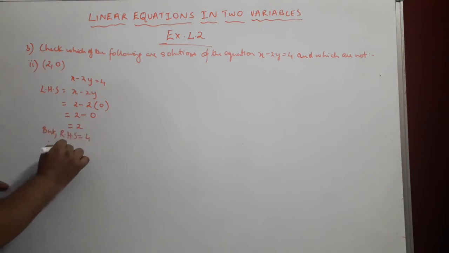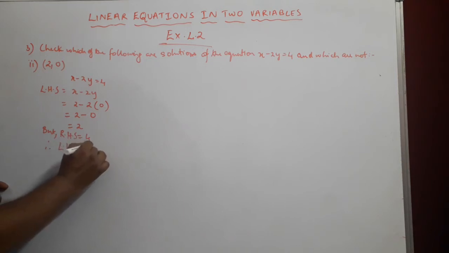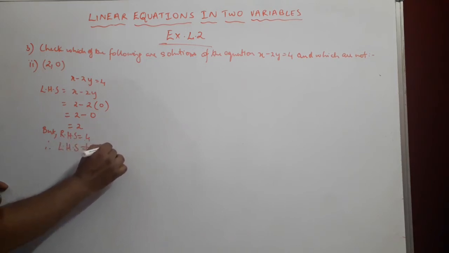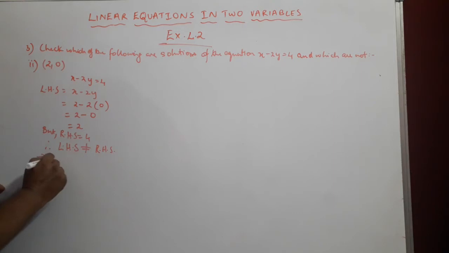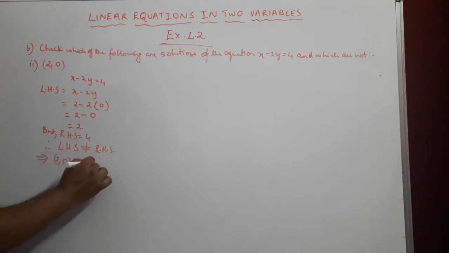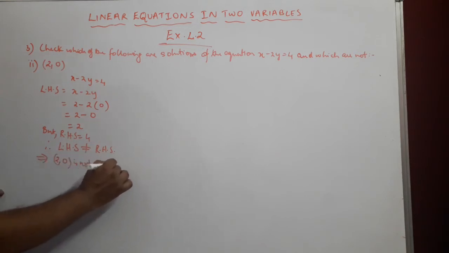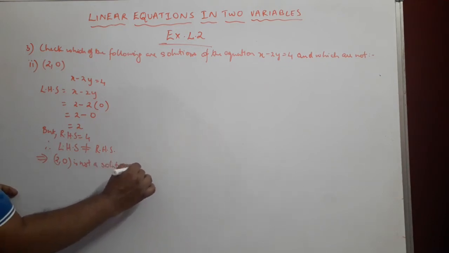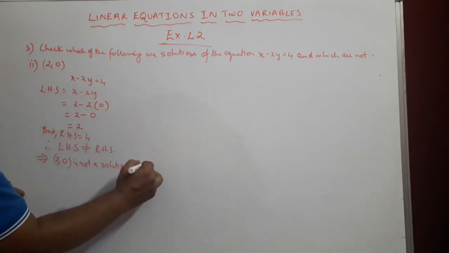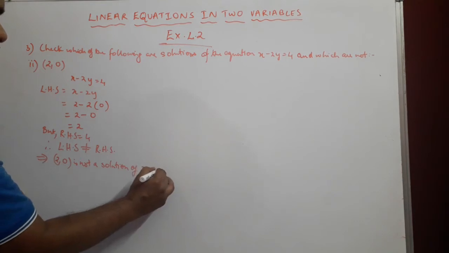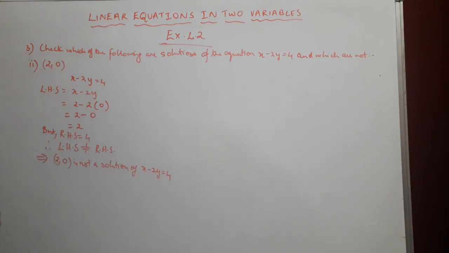Therefore, LHS is not equal to RHS. This implies that 2, 0 is not a solution of the equation x minus 2y equal to 4. That solves problem number 2.